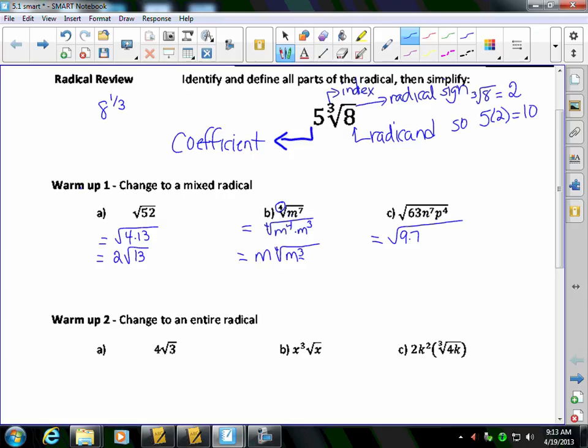N to the 7 can break up to be n to the 6 times n, which would be n to the 7. And then p to the 4, because I can divide by my index evenly, right? My index for this one is a 2.